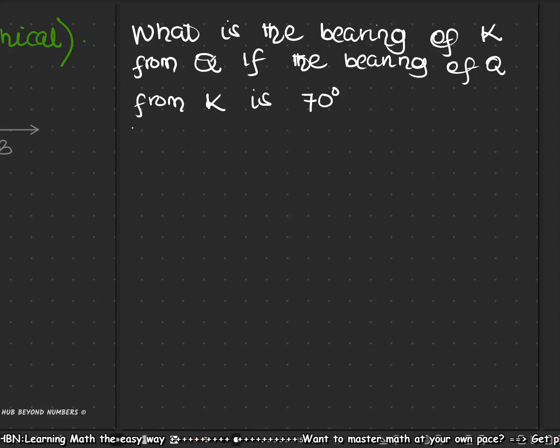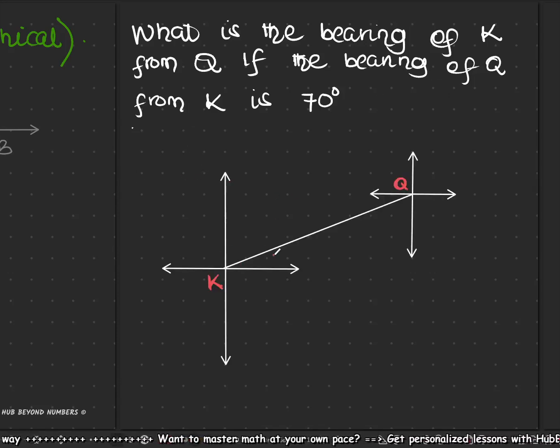Now take note of the "from." The first one says, what is the bearing of K from Q if the bearing of Q from K is 70 degrees. So let's draw the bearing of Q from K. If you look here, K is here and Q is here. We are being told that the bearing of this Q over here from K is 70 degrees.